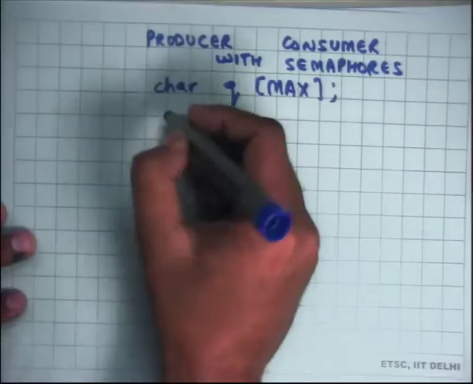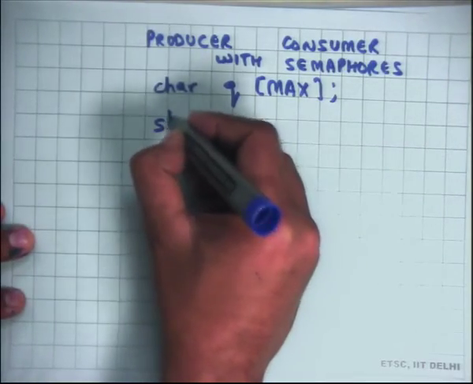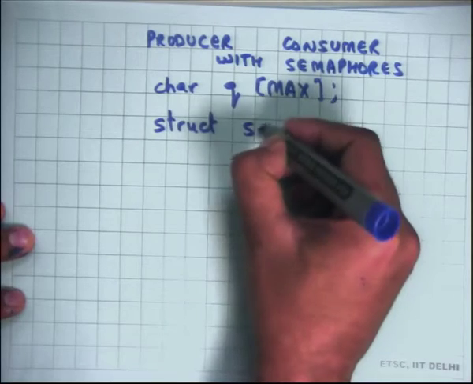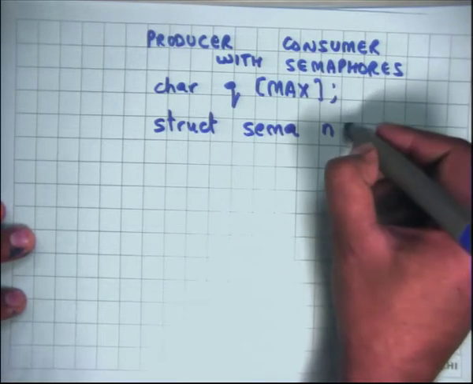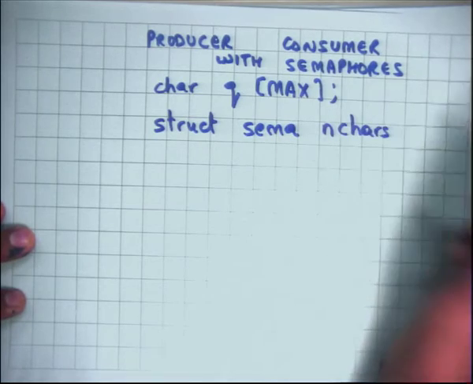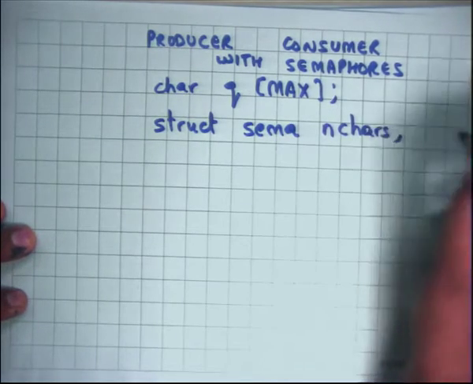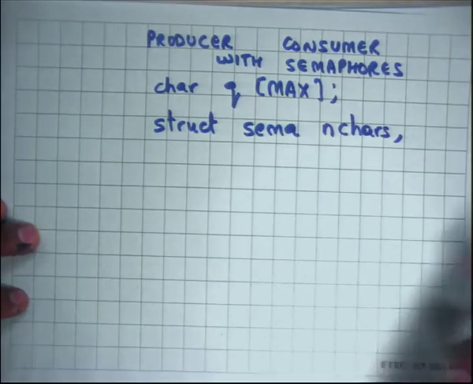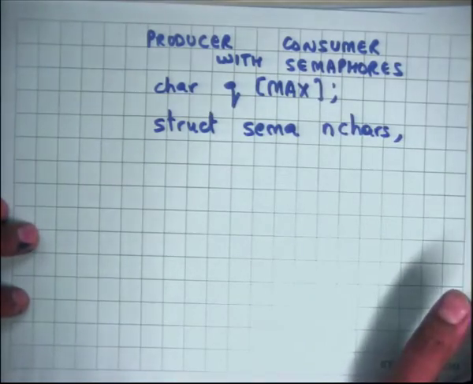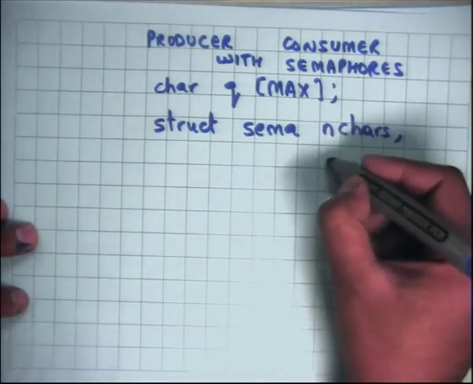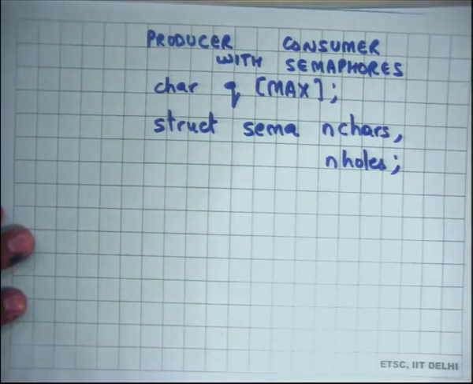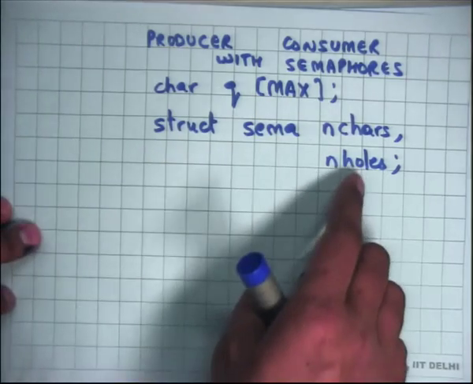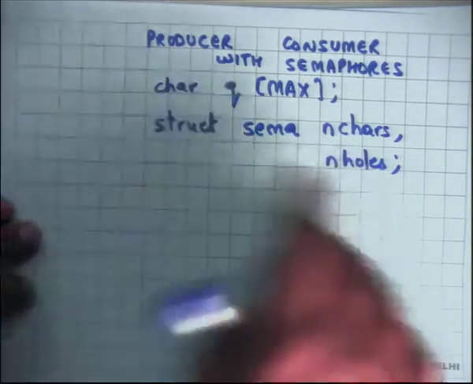So I'll have two counters, and each counter will be of type sema. So struct sema. One is how many elements there are in the queue, so let's say nchars. It's just a counter, but I'm using semaphores to represent that counter. And then there is another counter called nholes, which is how many empty slots there are in the queue. And the invariant will be that nholes plus nchars will be equal to max.